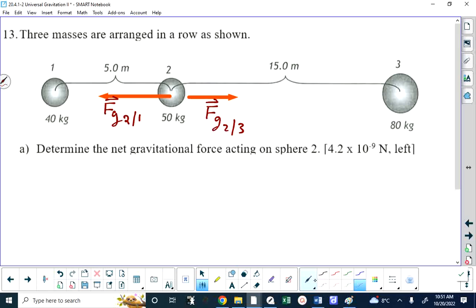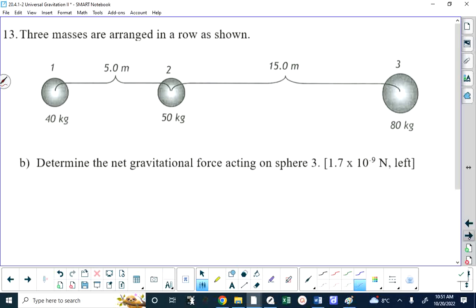When you look at 13b, if you wanted to know the net force acting on sphere 3, well, sphere 3 is attracted to sphere 2. So this is a force due to gravity on 3 by 2. It is also attracted to sphere 1.